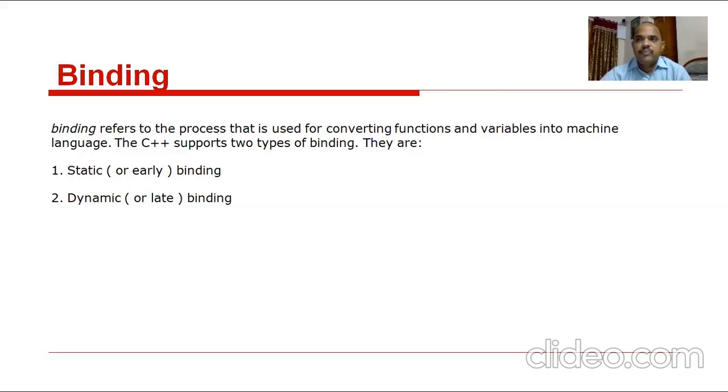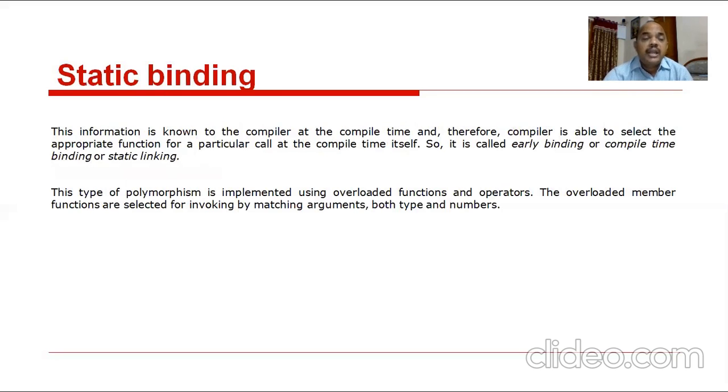Clear all of you? Then here, static binding. What is static binding? The changes that occur at compile time are called static binding or early binding. So why is it called early binding? Before executing the program, the changes occur at compile time. Before.